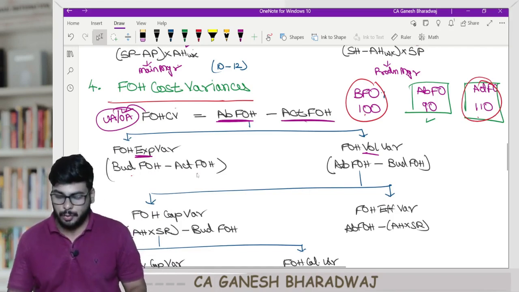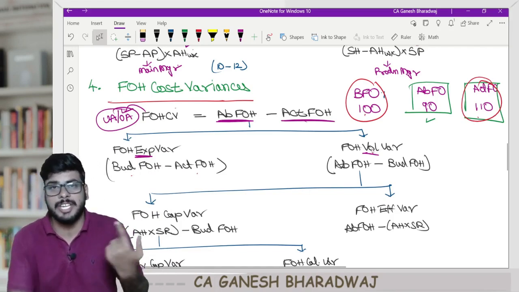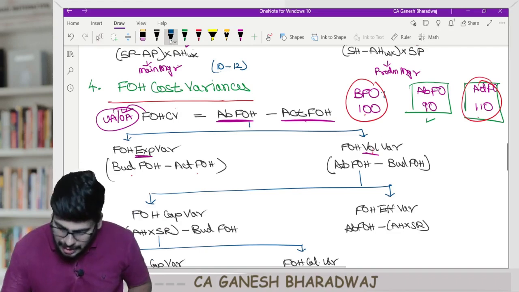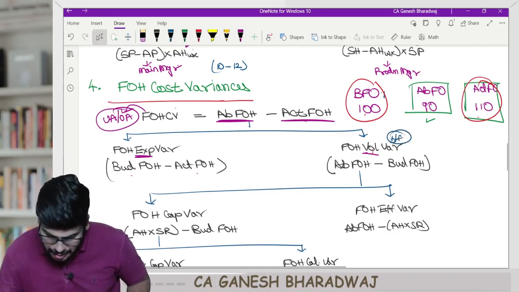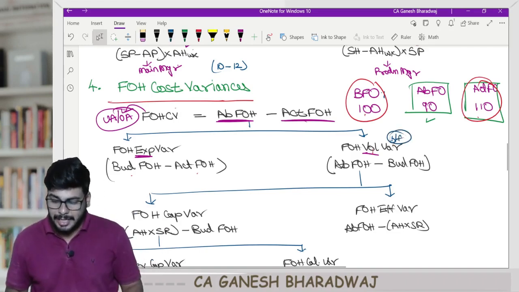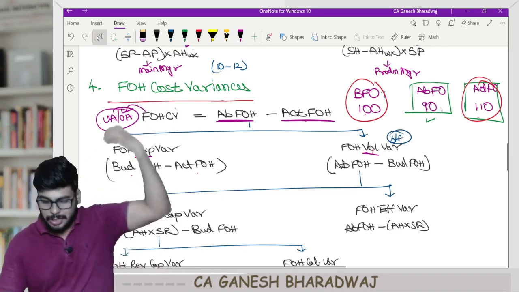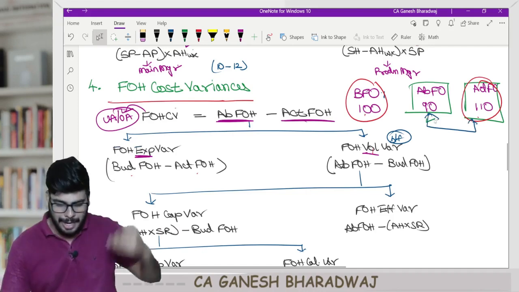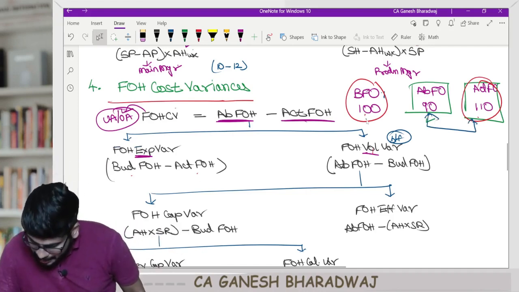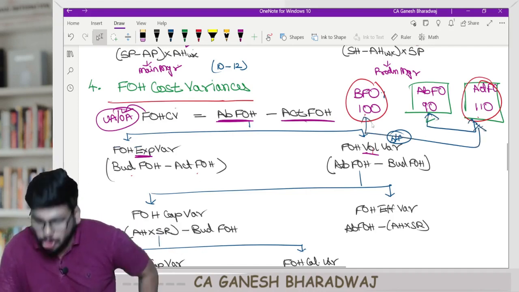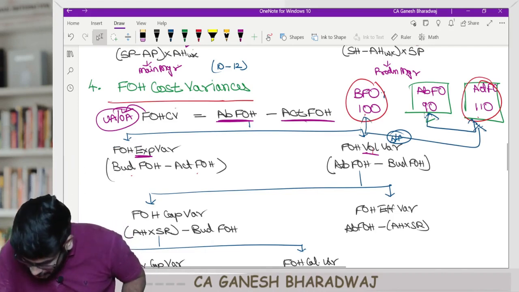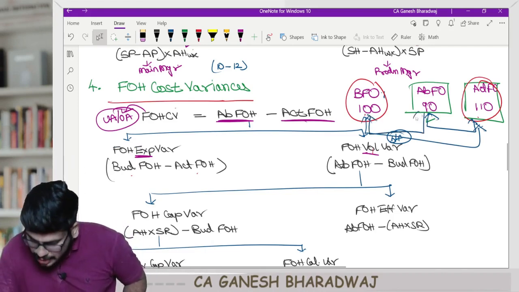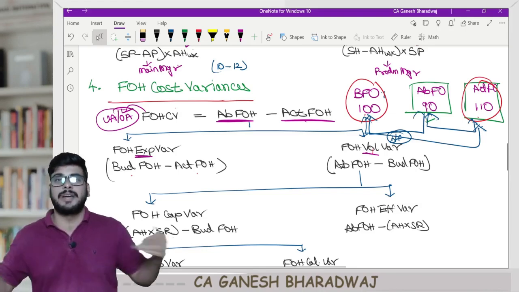Budgeted minus actual. Now what is fixed overheads volume variance? It is actually the balancing figure. This is how I asked you to remember. Are you clear with this? The top figure compares absorbed with actual. On the left side I am comparing budget with actual. So on the right side the balancing figure should be absorbed fixed overheads minus budgeted fixed overheads.